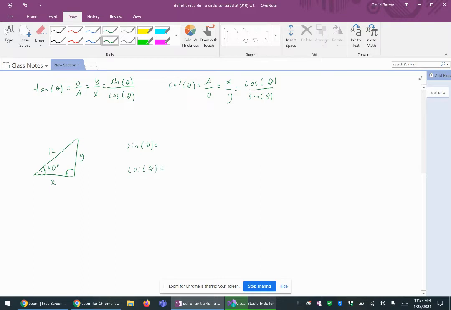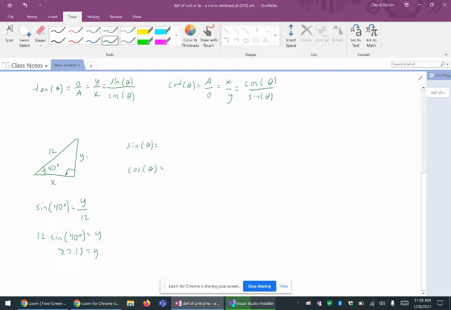Okay, so one way we could do this is I can set up a ratio like this. Sine is opposite over hypotenuse, y over 12, and solve for y. And if you have a scientific calculator, you could plug this in. Make sure you're in degree mode when you do that because they're degrees. 12 times sine of 40, I get 7.7134 is equal to y.